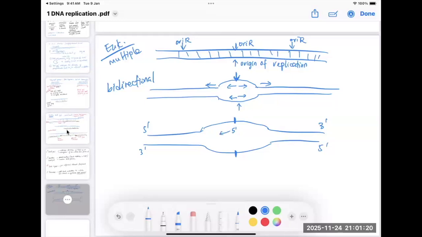Correct or not? Yes. That means you start to look at one half. That means you don't look at the other half yet. You look at the left half from the middle point. If the top here is 5 prime coming to 3 prime and at the middle, right? So the bottom there must be 5 prime to 3 prime.